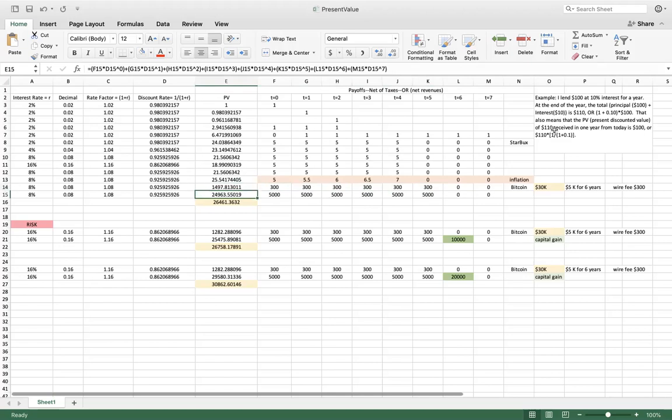The present value of those repeated transfers for 6 years is $24,963.55. I add them together, and buying that Bitcoin for $30,000, so I would pay $30,000 today, generated cash flows that are worth $26,461.36 to me.